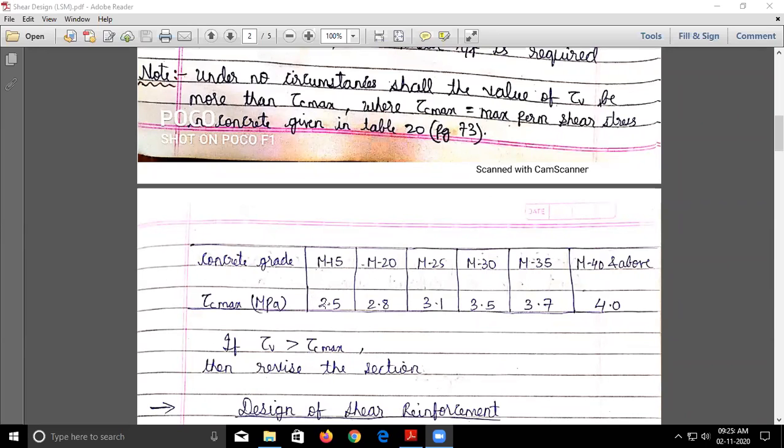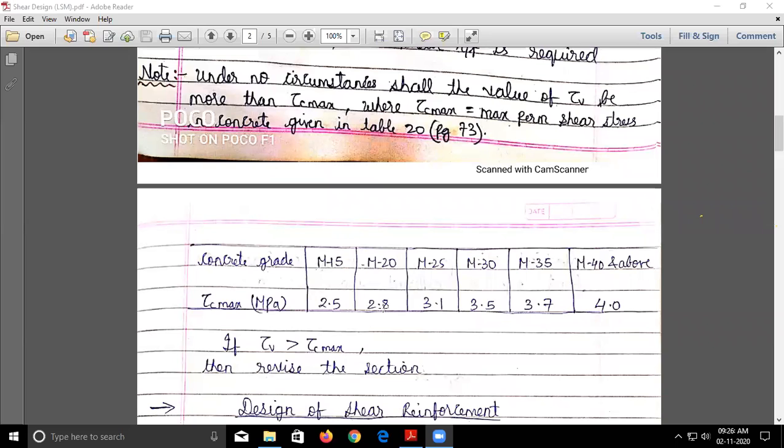This value you can remember by just remembering one equation, that is 0.62 into under root fck. So if you remember this 0.62 into under root fck, now for M15 grade of concrete, if you try to find out what value you are getting, you will get this value, approximately.